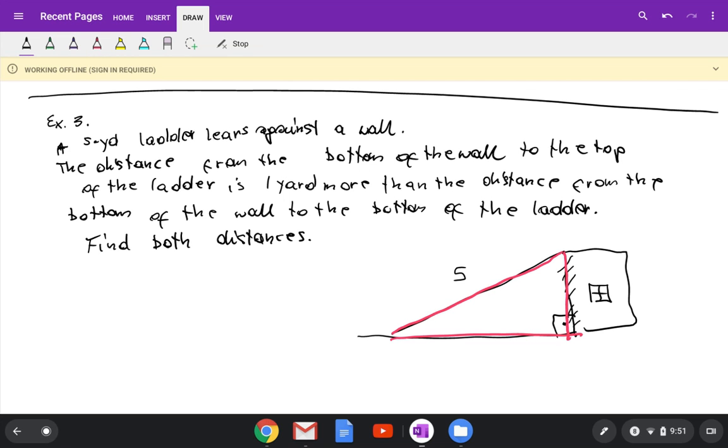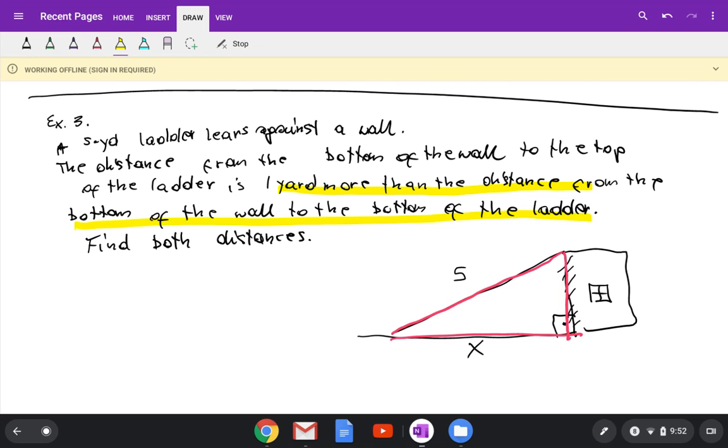Okay, and what they mention is that x, in this case, is going to be the distance from the bottom of the ladder, right here, to the house. And they mention that the distance from the bottom of the wall to the top of the ladder is 1 yard more than the distance from the bottom of the wall to the bottom of the ladder.